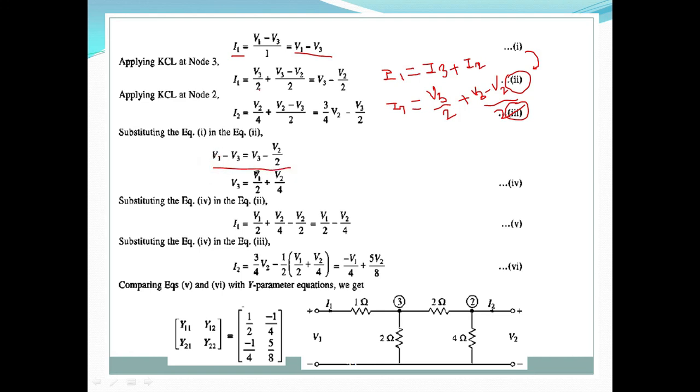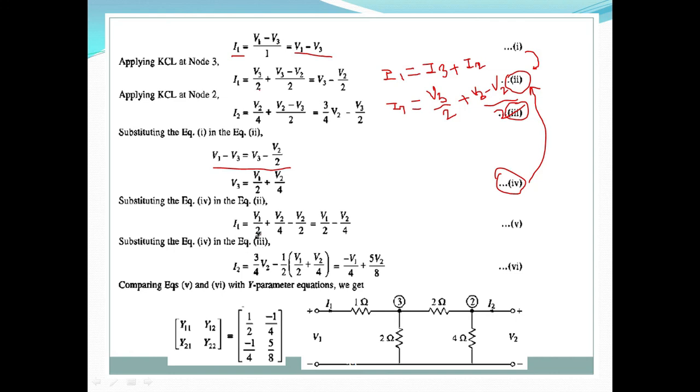Therefore V3 is equal to V1 upon 2 plus V2 upon 4. Here is equation number 4. Then use equation number 4 in equation number 2, where this V3 will be used.